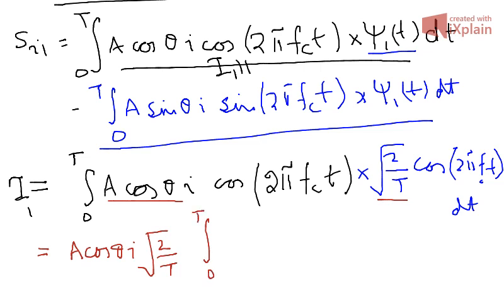It's just treated as a constant, from 0 to capital T. And you have inside cos square 2 pi f ct dt, right? Now let's try to solve this one.